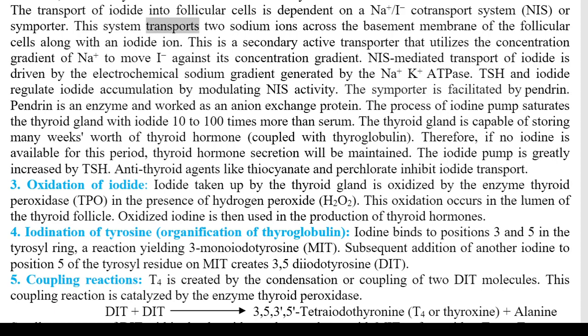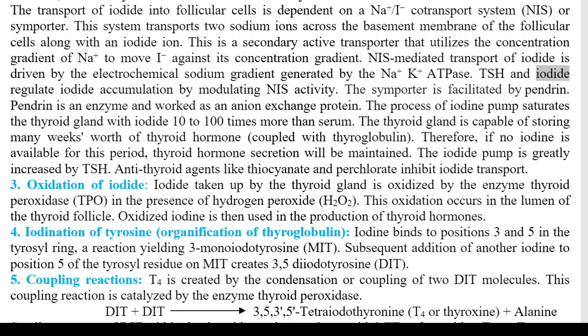This system transports two sodium ions across the basement membrane of the follicular cells along with an iodide ion. This is a secondary active transporter that utilizes the concentration gradient of Na+ to move I- against its concentration gradient. NIS-mediated transport of iodide is driven by the electrochemical sodium gradient generated by the Na+/K+-ATPase.